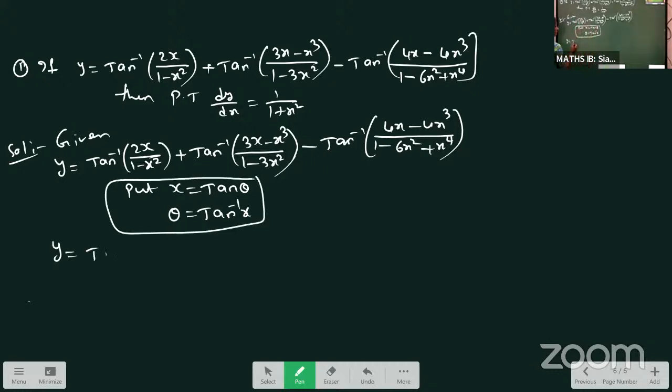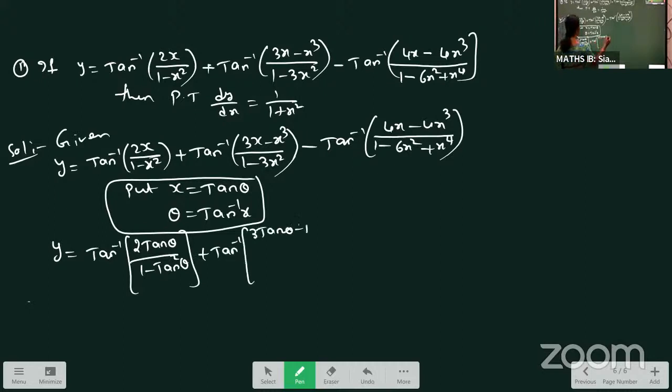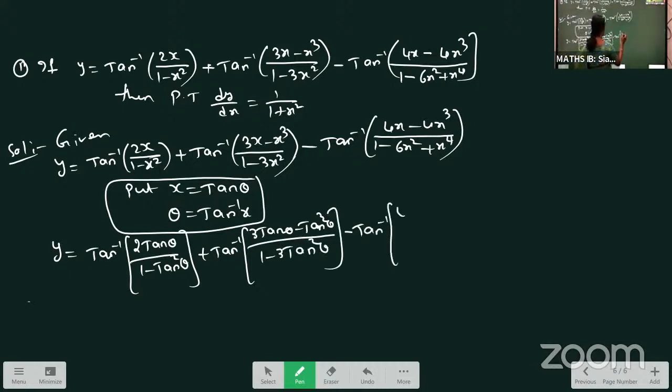Y is equal to tan inverse of 2 tan theta by 1 minus tan square theta plus tan inverse of 3 tan theta minus tan cube theta by 1 minus 3 tan square theta minus tan inverse of 4 tan theta minus 4 tan cube theta by 1 minus 6 tan square theta plus tan to the power 4 theta.